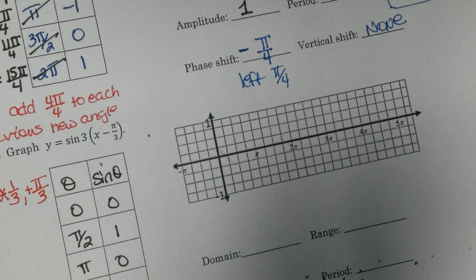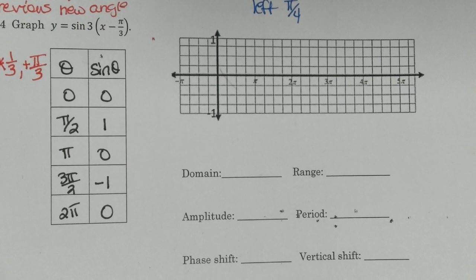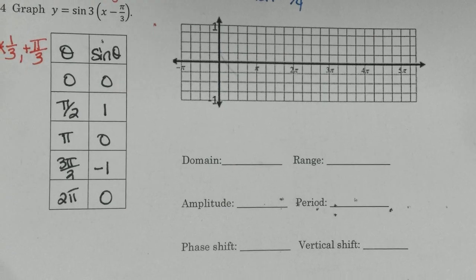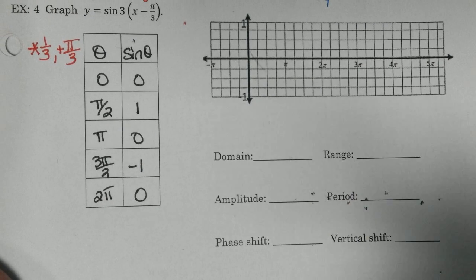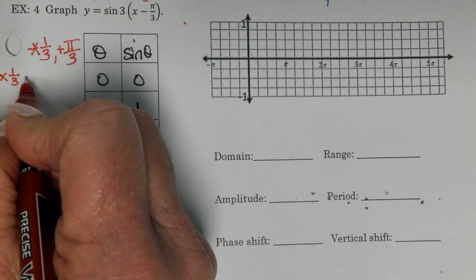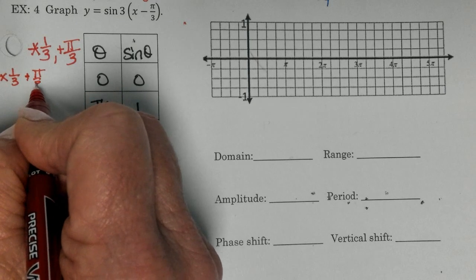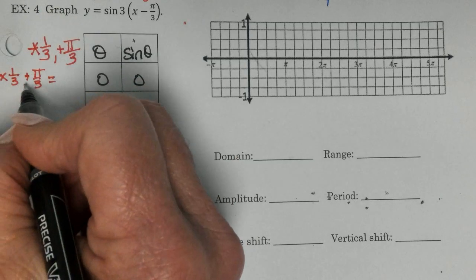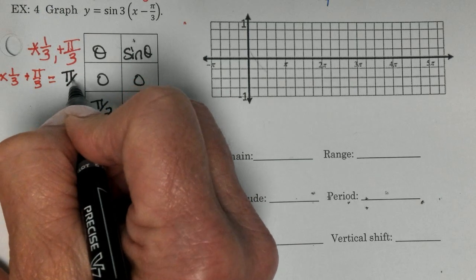So I'm taking 0, and I am applying these changes to it. So we've got 0 times 1/3 plus pi over 3, which is 0 plus pi over 3 is pi over 3.